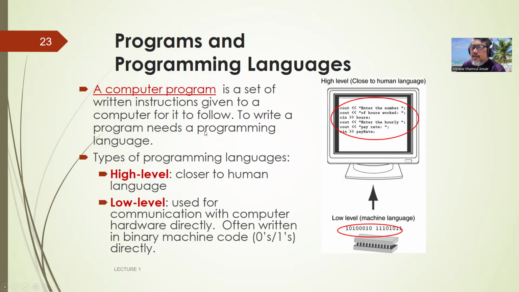This is one example of maybe C or C++. cout, enter the number of hours worked, enter the hourly pay rate. This is to calculate pay, like salary. As humans, we would understand this.